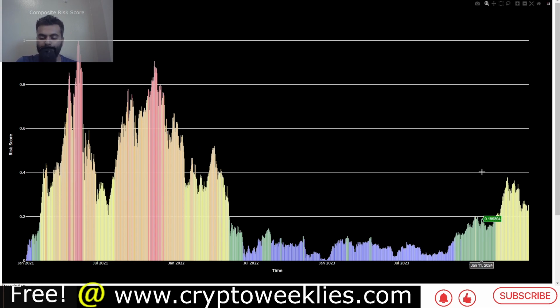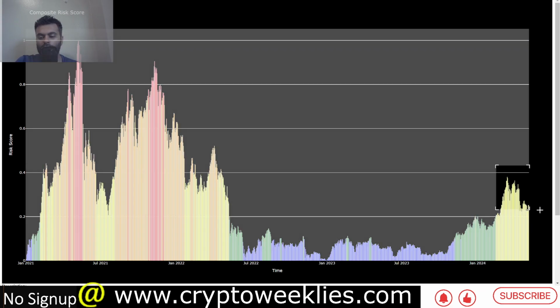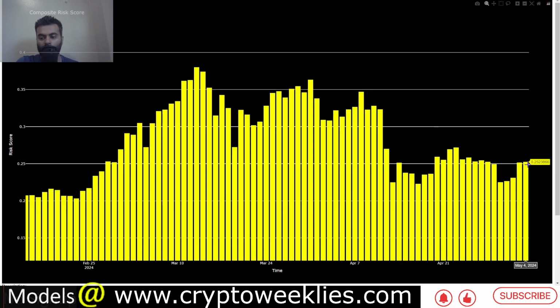Right now the risk is at around 0.25, and the color code is at around yellow. We were at around 0.38 risk in the middle of March of 2024. That was when Bitcoin, I think, had its market cycle peak at around March 14th.